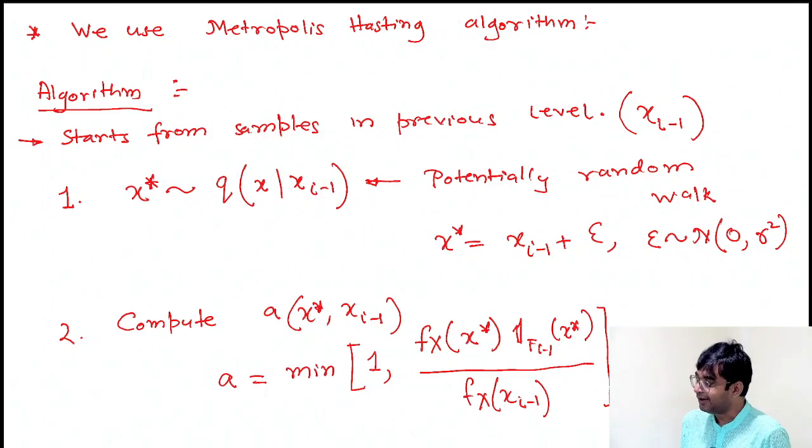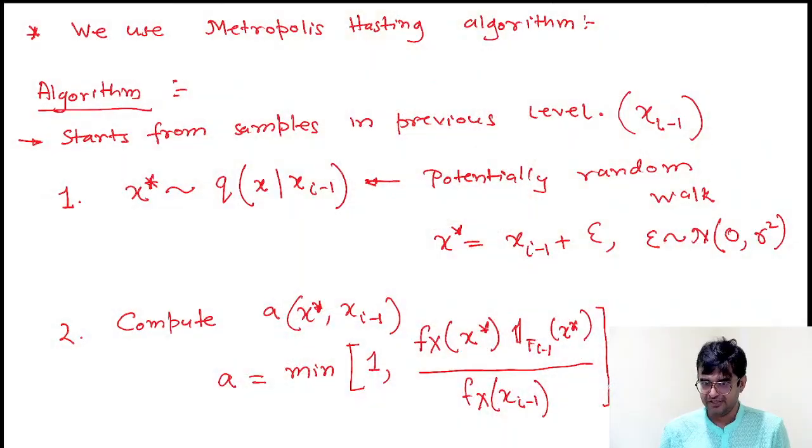So, what happens if this ratio is 0.6? Should you accept, should you reject, what should you do? If it is 0.4, accept, reject? If it is 0.5, you do not know. Actually, you know. If it is 0.6, then out of 10 times, 6 times it should be accepted.